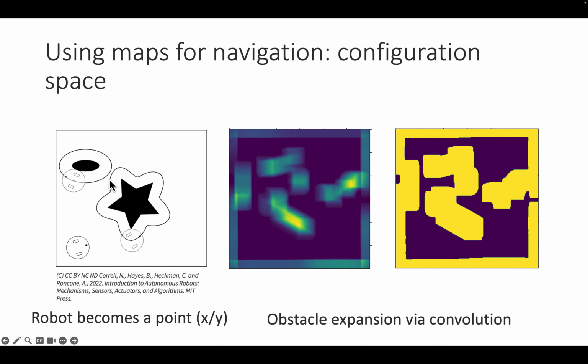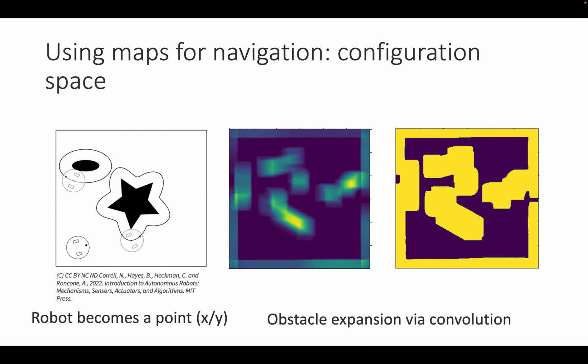For example, if the configuration space is free, at least 1 pixel between these two obstacles, then the robot can pass through. We also introduced a heuristic to expand the obstacles using an operation called convolution, where you take a square kernel and sweep it over the obstacles, thereby growing them.